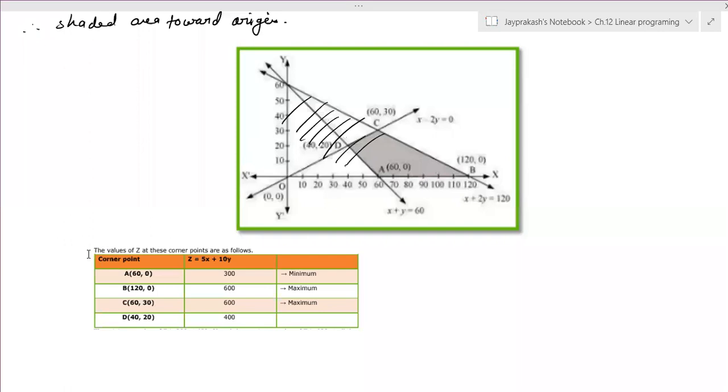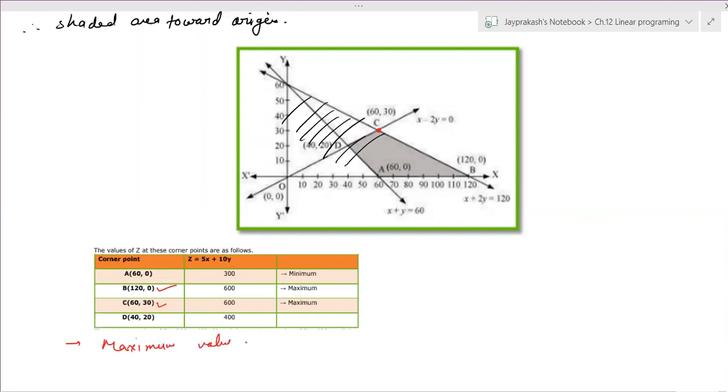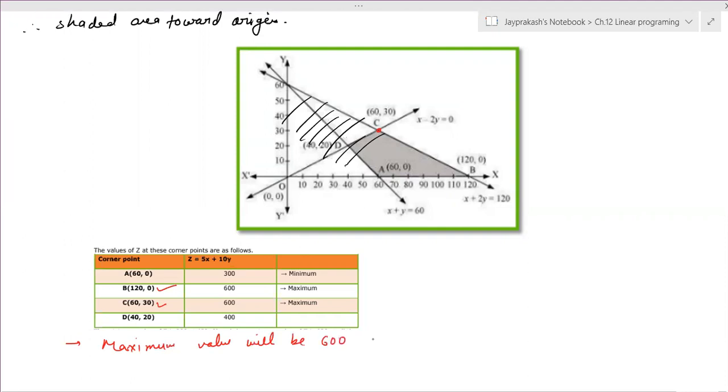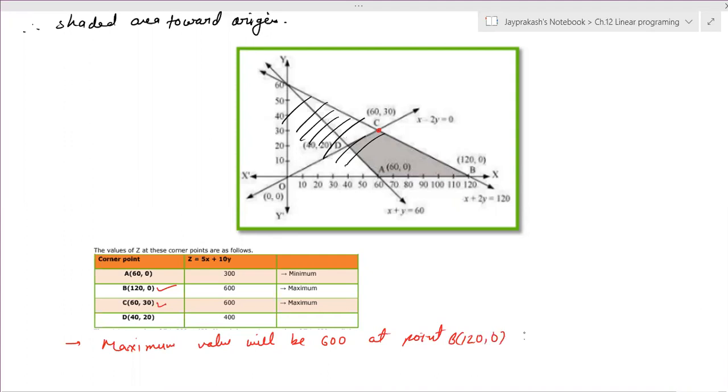So the maximum value is always 600, but the points where we are getting 600 are 120, 0, and the second is 60, 30, that is the intersection of two lines, this C. So we will write here maximum value will be 600 at point B 120, 0 and C 60, 30.